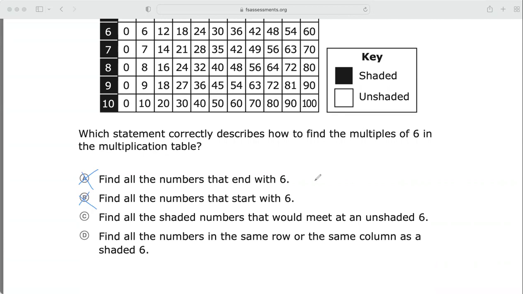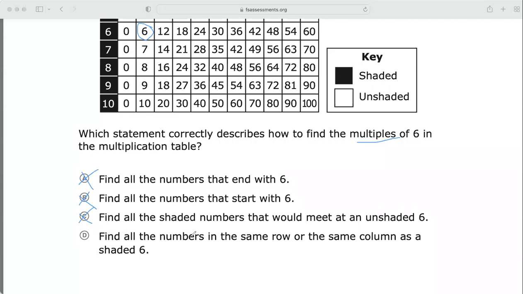That may work for, say, this one, but that is the only one it would work for. So that is not the answer, because we're looking for multiples, more than one number of 6.